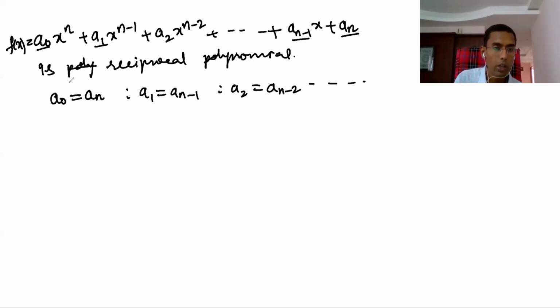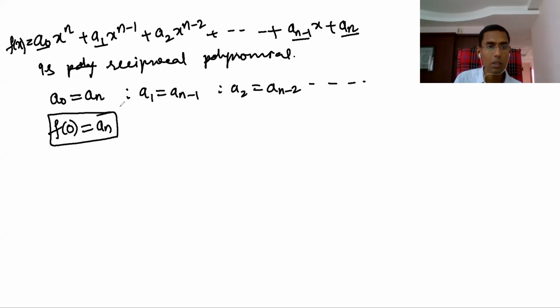So therefore what we can write here is f of 0, which is nothing but an. Sometimes they will give a naught equal to f of 0. So f of 0 also means an only.